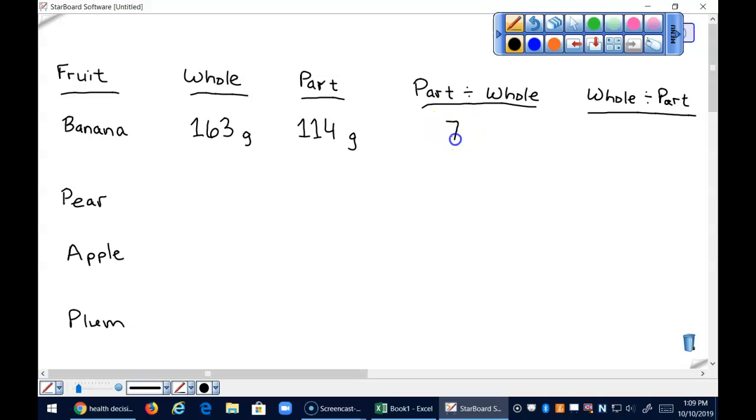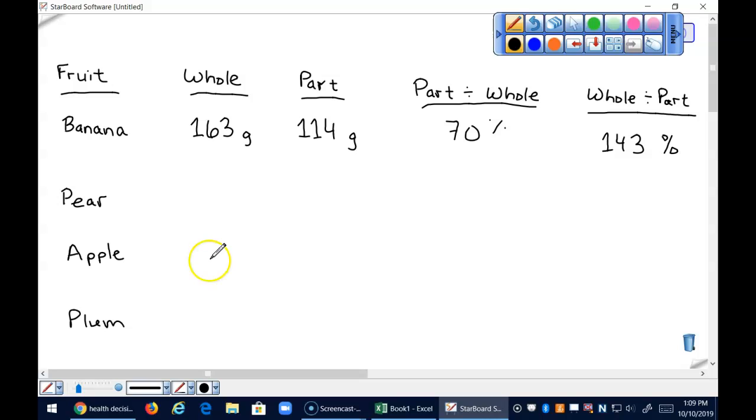Yeah, 70% for part over whole, and the other one is whole divided by part. Yeah, do them both. I didn't tell you to, but I'll do it. 163 divided by 114 equals 143%. Okay, next fruit.